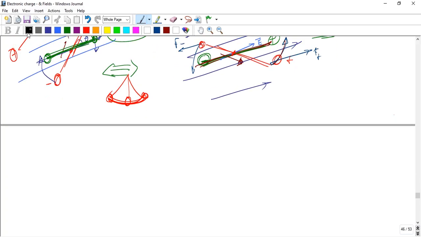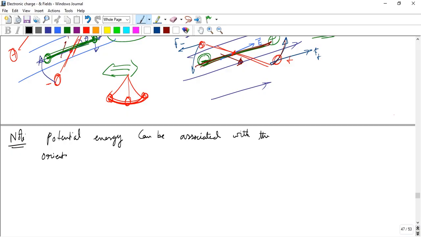Let me write some notes here: potential energy can be associated with the orientation of an electric dipole in an electric field.